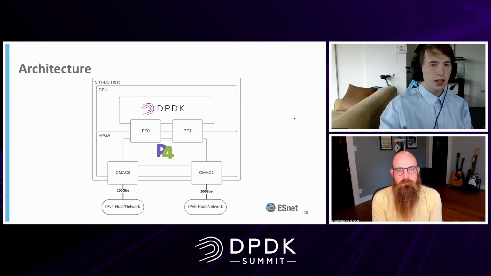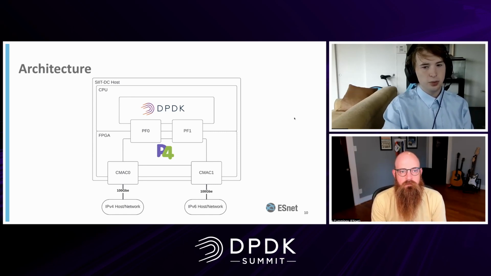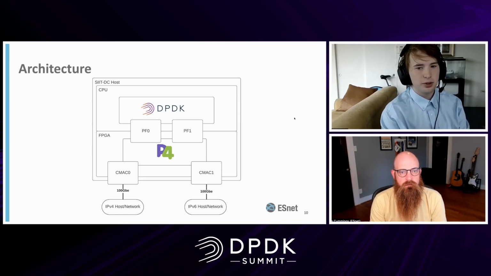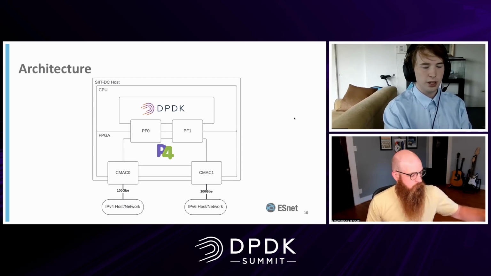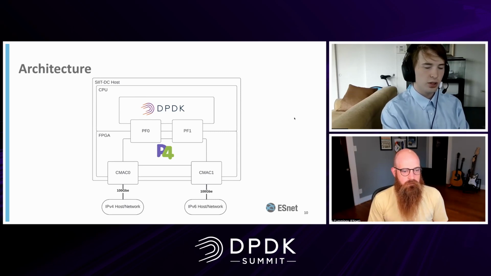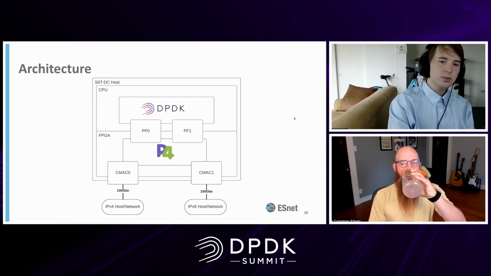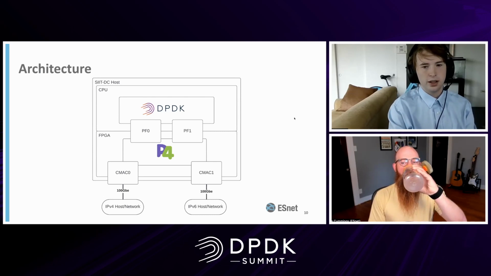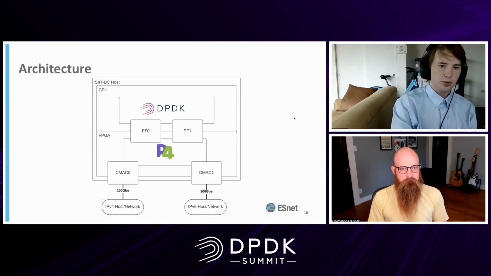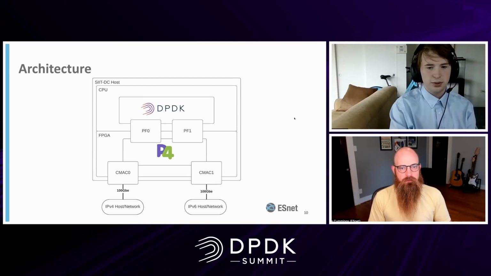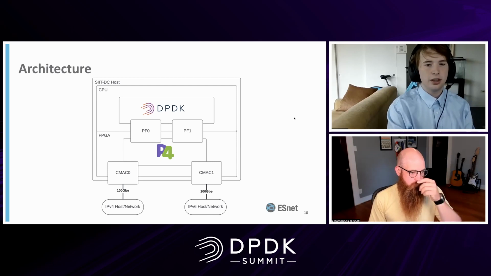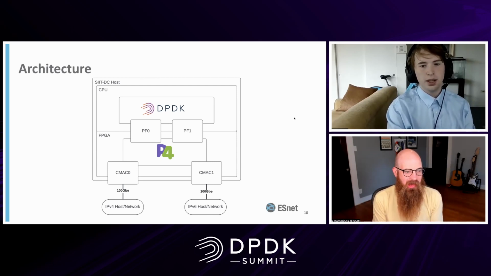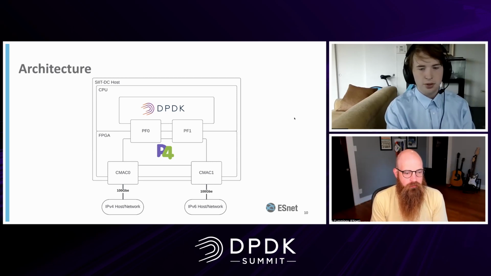So as you can see here, we've got the two portions of the application that are important. There's the P4 program, which is sitting on the actual FPGA, and there's also DPDK, which is sitting on the host. So the way that this is going to work is that for most traffic, like TCP and UDP flows, the traffic is going to go into the P4 program on CMAC, and it's just going to go out the opposite port.